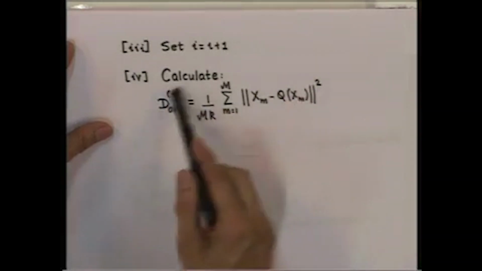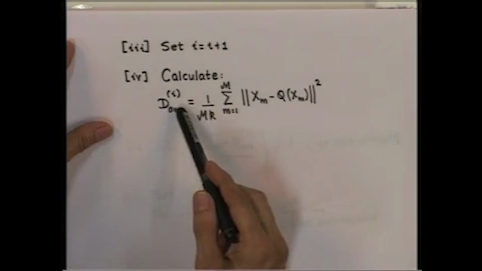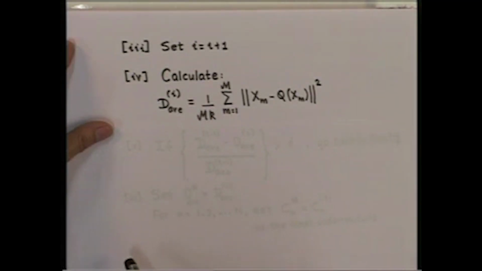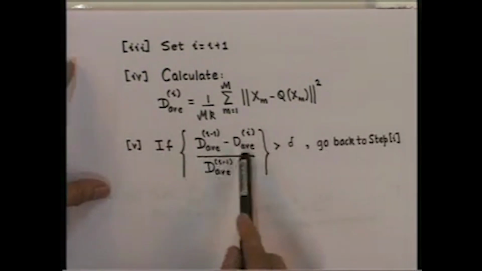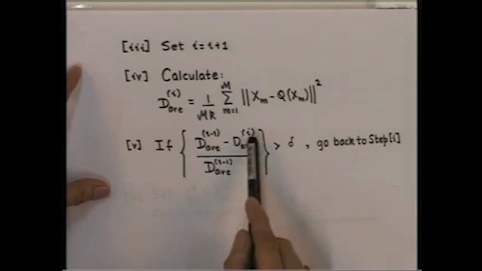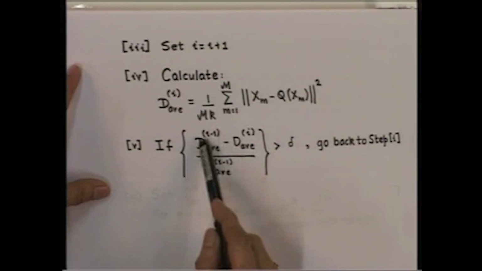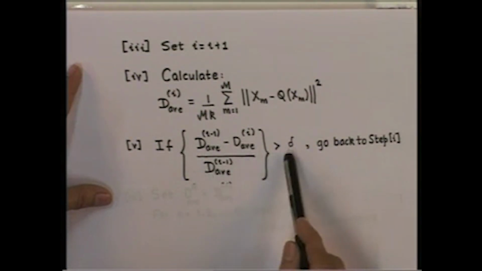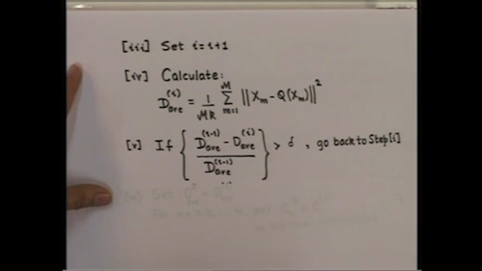Now, it is expected that this average distortion will be less than the average distortion which we got in the earlier iteration, so we calculate the difference between the current distortion and the earlier distortion, form this ratio, and compare it to some small delta greater than 0.